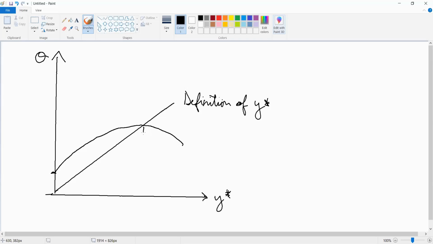And so again, there will be one and only one value that makes both of these lines cross, and that is going to be our solution to the model.